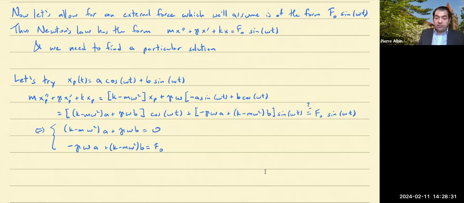Right? This system has a unique solution as long as what I'm going to call capital D, k minus m omega squared, all squared, plus gamma squared omega squared, is not equal to 0, right?